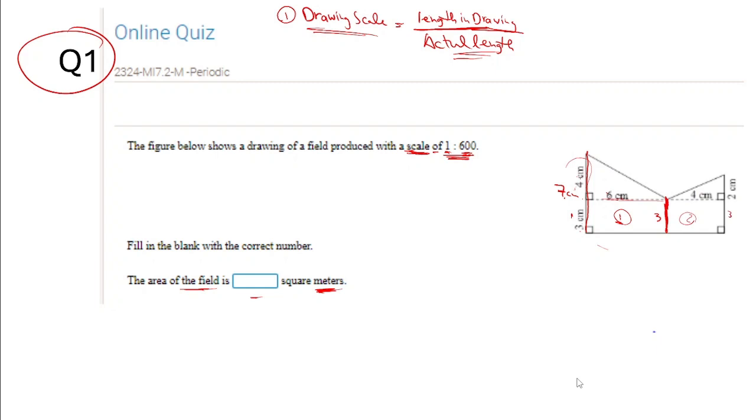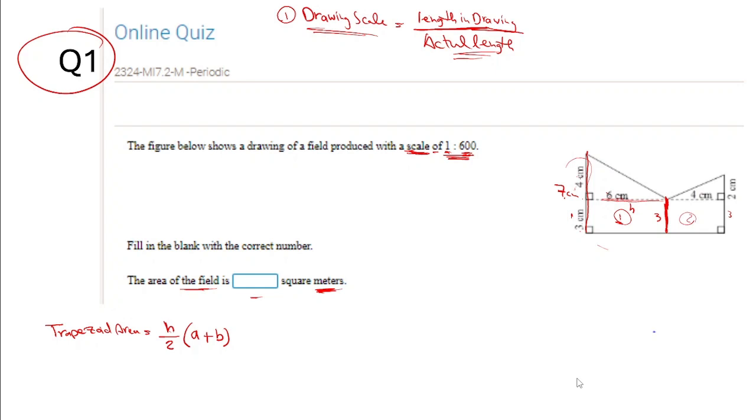Now to get the area of the trapezoid, the formula for the trapezoid area is: trapezoid area equals height divided by 2 multiplied by a plus b. H is the height of the trapezoid, so this one is the h.